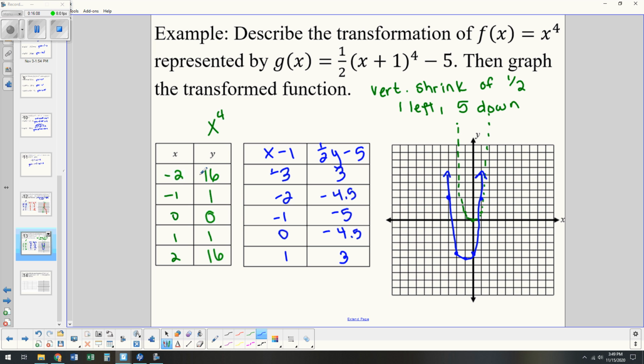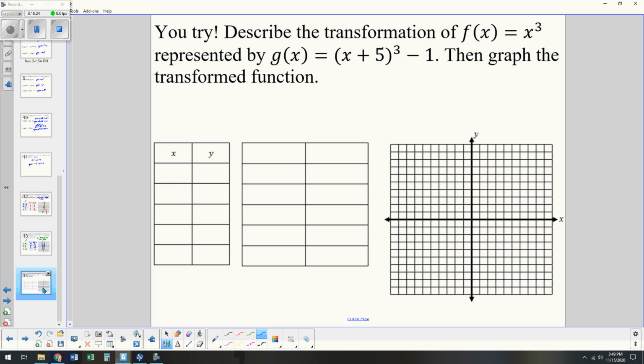All right, so we can make any table of values depending on whatever the parent function is. We can always use our transformations. We know how to make our table of values based on the transformations regardless of what our parent function started as. So you're going to go ahead and try the last one. You can pause it and I'll show the answer.